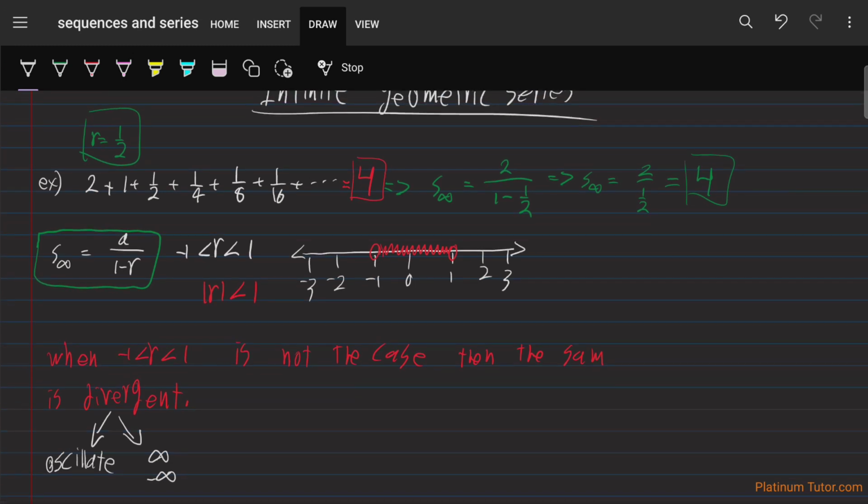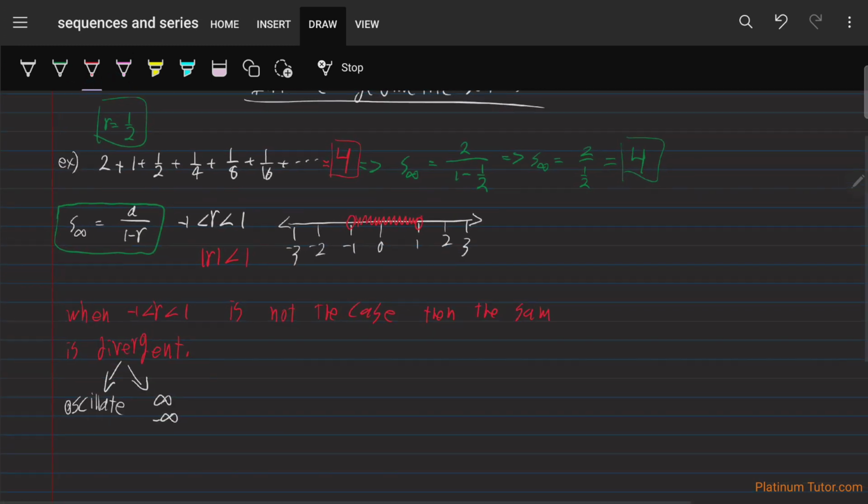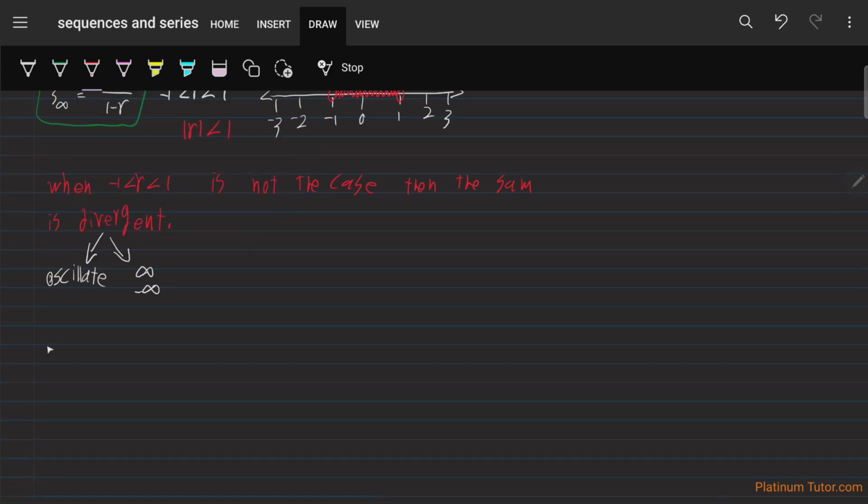When the common ratio is between -1 and 1, we say that this sum, so I will write that down here, when R is between -1 and 1, we say that the sum is convergent.